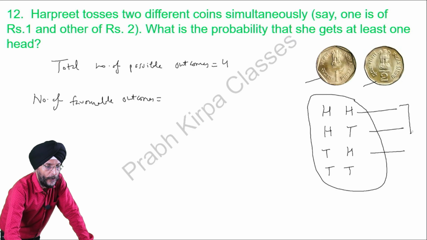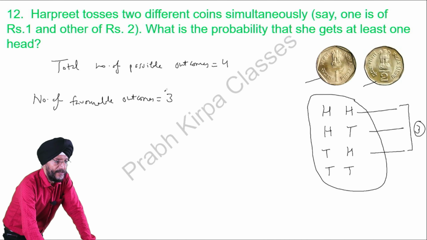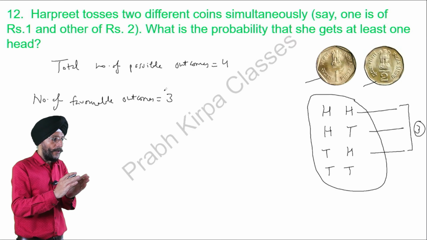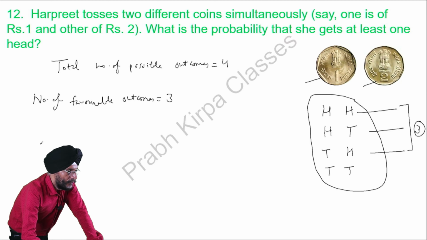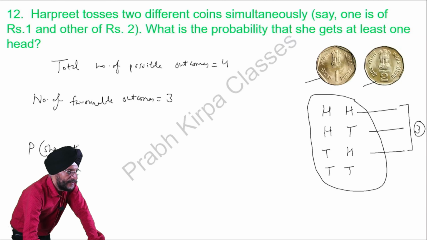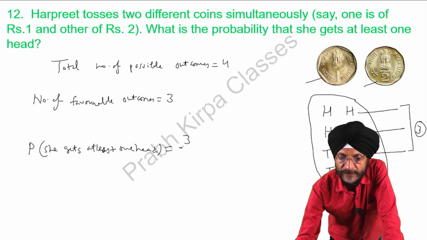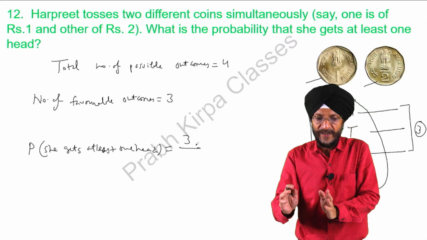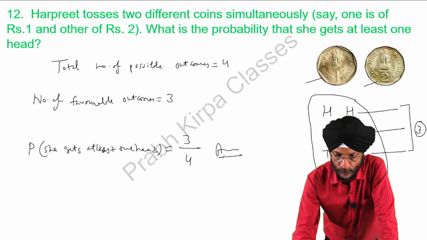So the number of favorable outcomes are 3, where head has been the outcome either on 2 occasions or on at least 1 occasion. So the probability that she gets at least one head is equal to the number of favorable outcomes, 3, divided by total number of possible outcomes. This is 3 over 4. So this is the answer.